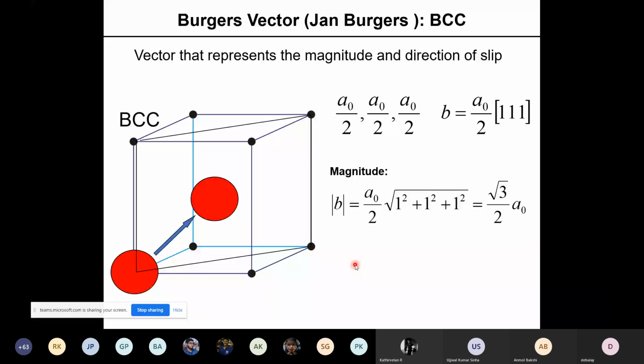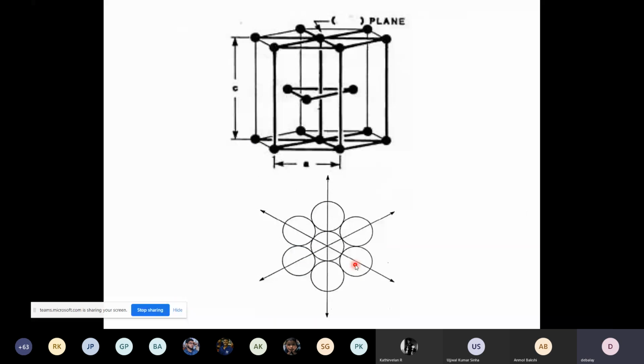HCP, basal plane arrangement we are showing, and the direction. What is the direction? What is the nearest neighbor direction? On the basal plane, what is the closest direction? Sir, 1 1 2 bar 0. Basically, can you express in words from where to where the atom has to go?